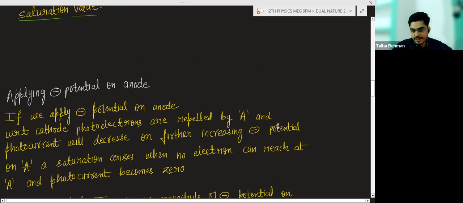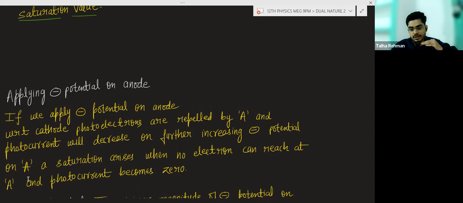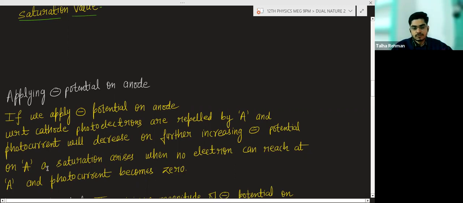On further increasing negative potential on the anode, a saturation arises when no electron can reach the anode. Why does no electron reach the anode now? Because the negative potential becomes very large and the force of repulsion on the electron becomes very large. So photocurrent becomes zero.